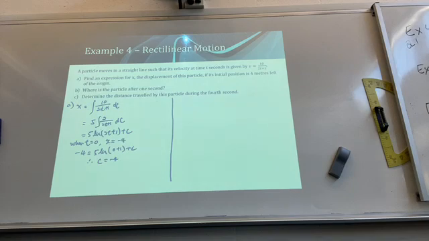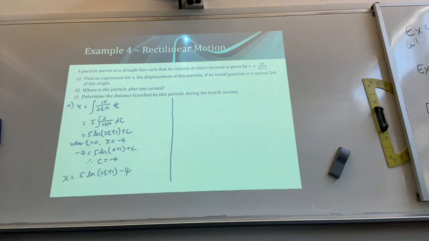Again, this is something like the initial value problem. You know the initial value is 4 meters, but it's tied in with rectilinear motion, that's all.